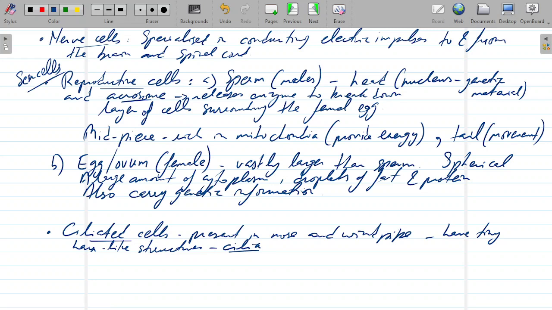So ciliated cells meaning cells that have cilia, and these move in a flicking action.